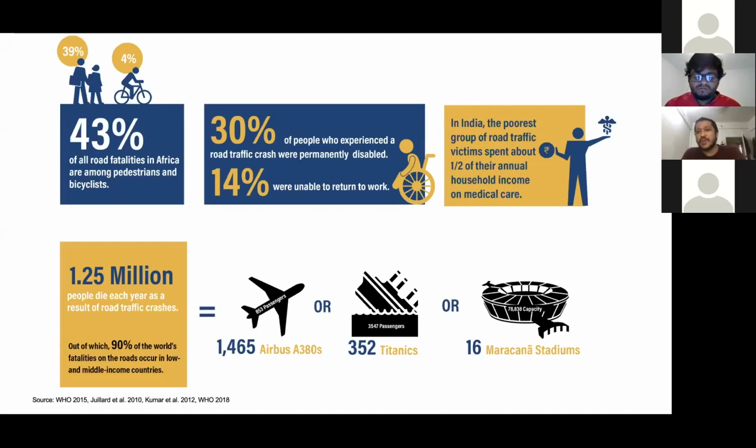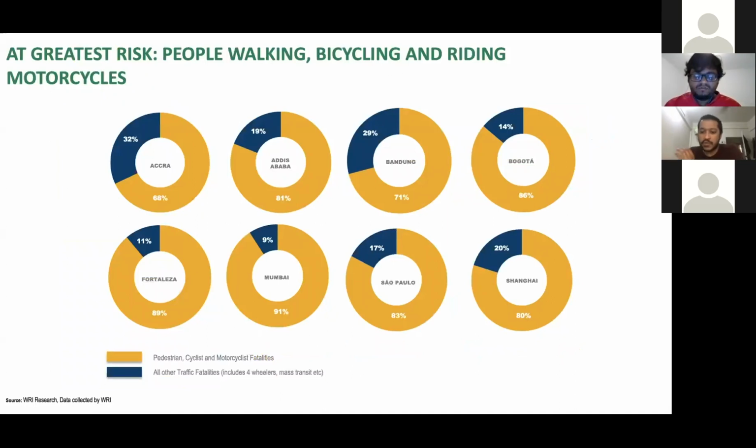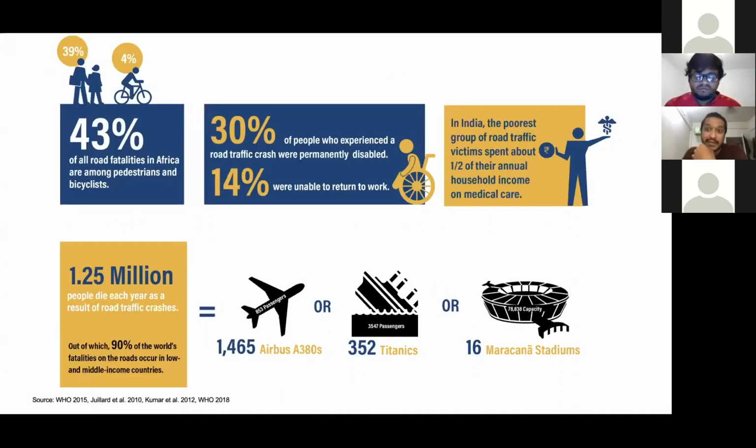The number of people disabled, and the inequality because of poor road safety, is so stark. In India, the poorest group spend about half of their annual income on medical care. And what this means is several Airbuses crashing. We often talk about road traffic fatalities as accidents, and everything else is a crash. So a plane is a crash.